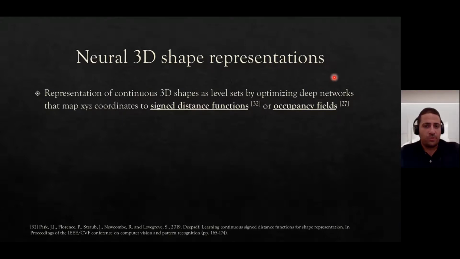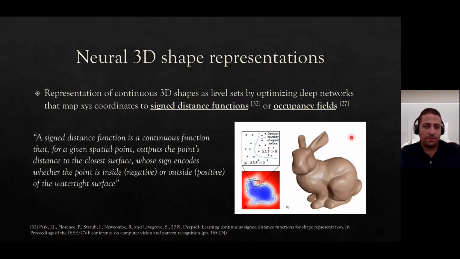So this deep neural network maps coordinates x, y, and z to something called the signed distance function. So this is the first paper we'll discuss. It's talking about the idea of signed distance functions. So what is a signed distance function? A signed distance function is a continuous function so that for any point in XYZ space, this function gives an output value.